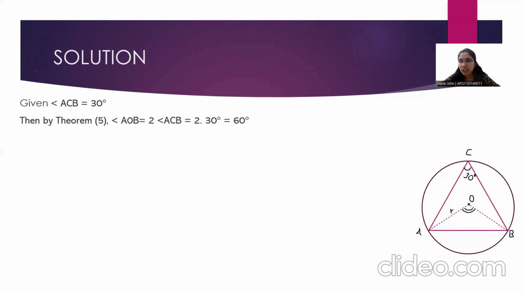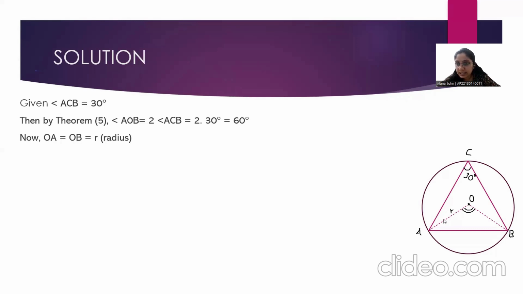Now, just observe here. We have already told that OA and OB are nothing but radii of the circle. Then we can see that OA equals OB, that we have written here. OA equals OB equals R. These are radii of the circle.